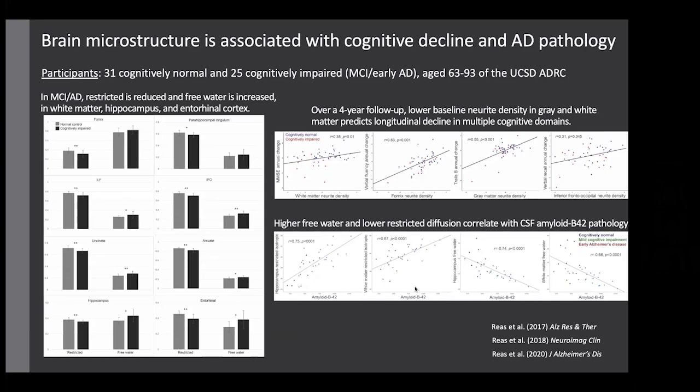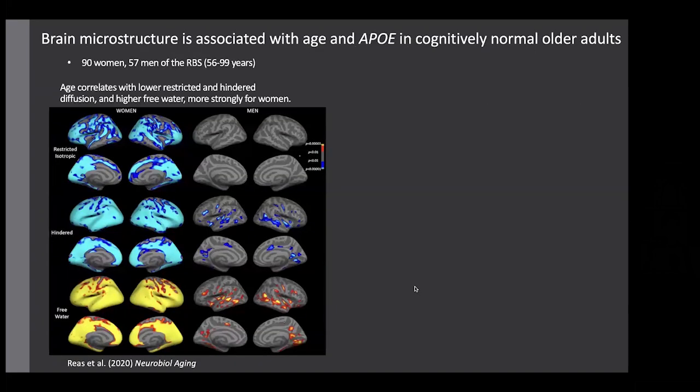And so we wondered, given how sensitive they are, do they also pick up on microstructural changes that occur in normal aging or even preclinical Alzheimer's disease? My mentor, Linda McAvoy, was collecting RSI on mostly cognitively normal older adults from the Rancho Bernardo study.